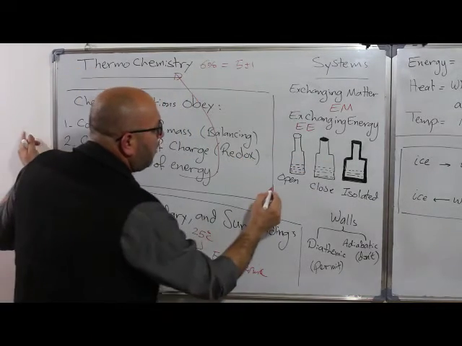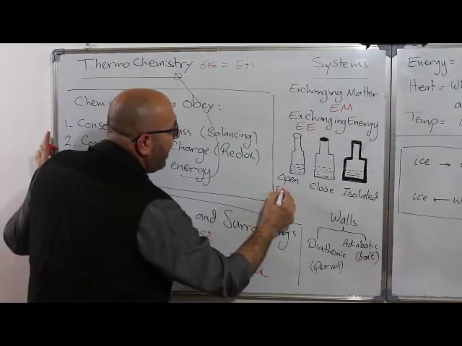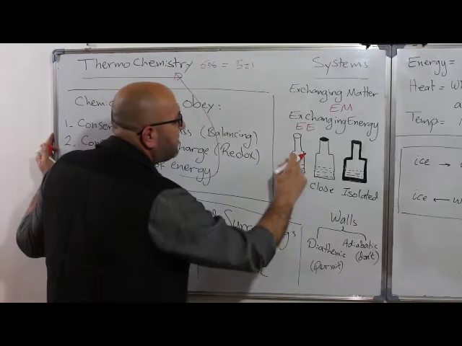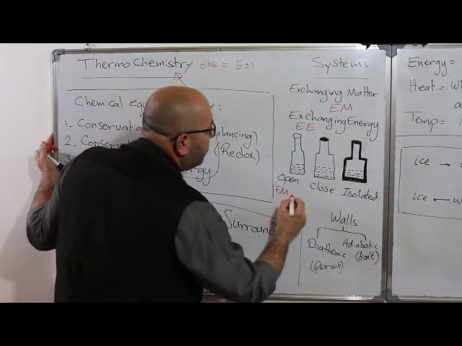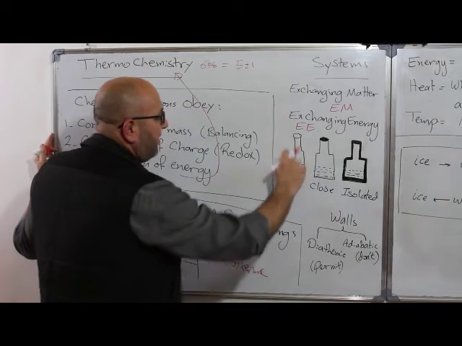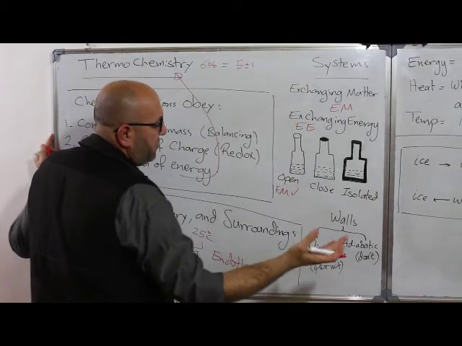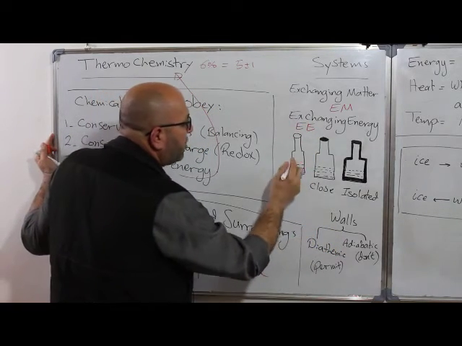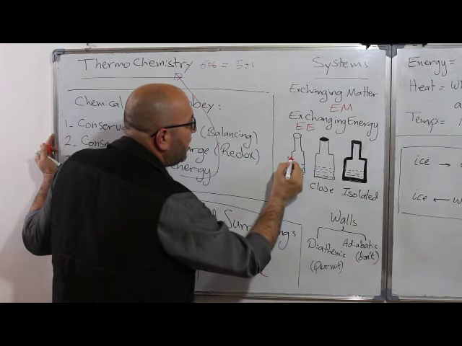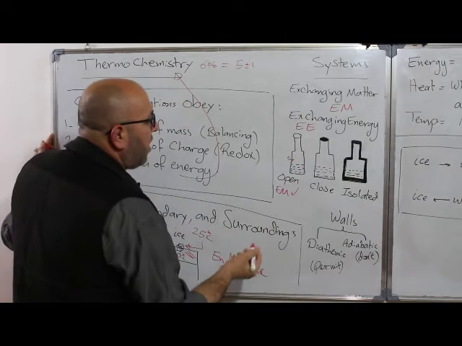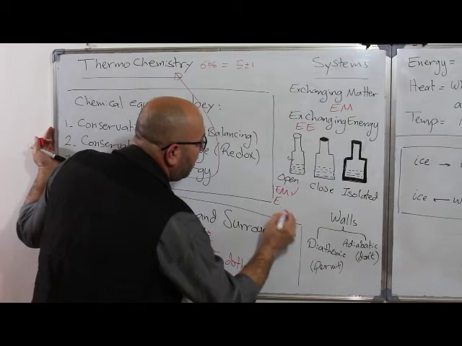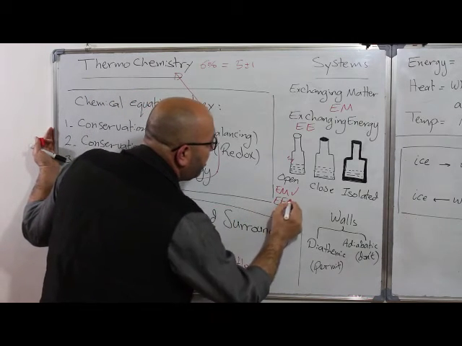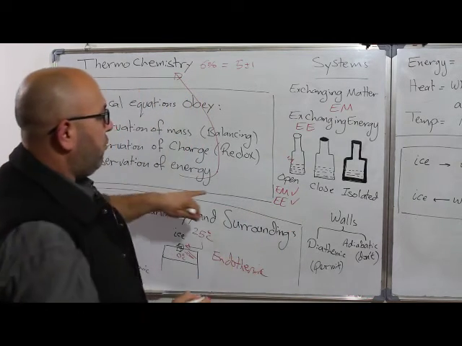According to exchanging matter, if it's an open system, it means it's going to exchange matter. Some material is going to be added here simply, and temperature is going to be exchanged outside and inside the system, so exchanging energy is available too.